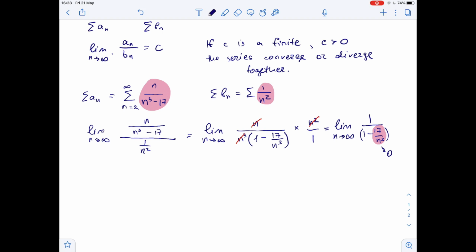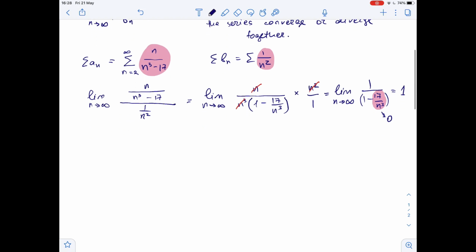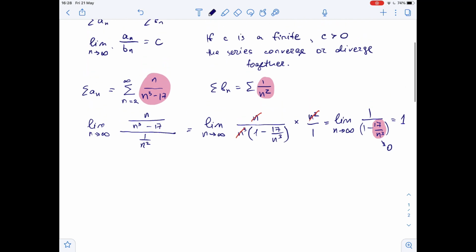That means that 1 minus 17 over n cubed will approach 1, and 1 over 1 will give us 1. So we see that our limit here is a finite and positive number, which means that our series A converges or diverges together with series B.